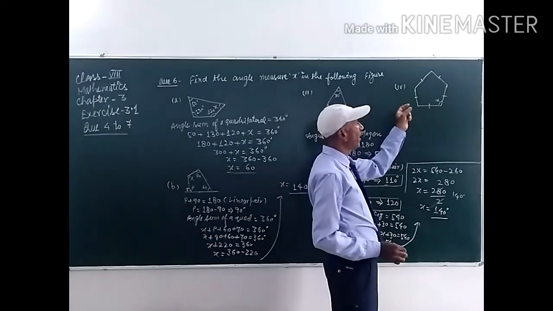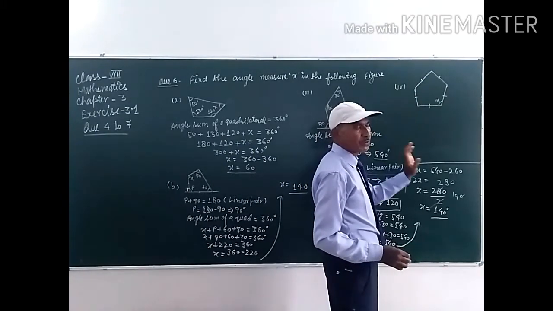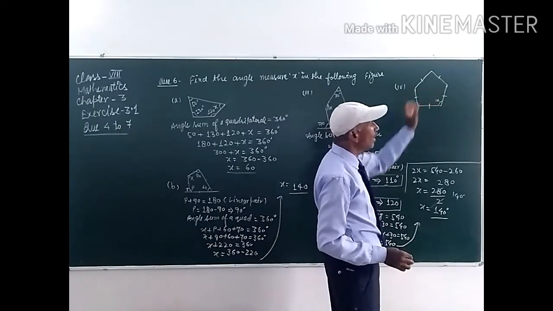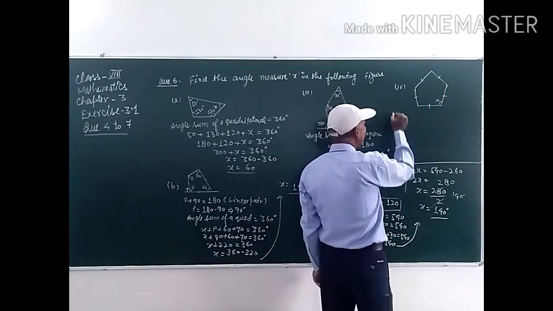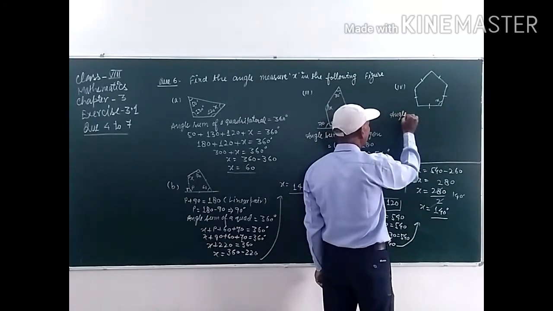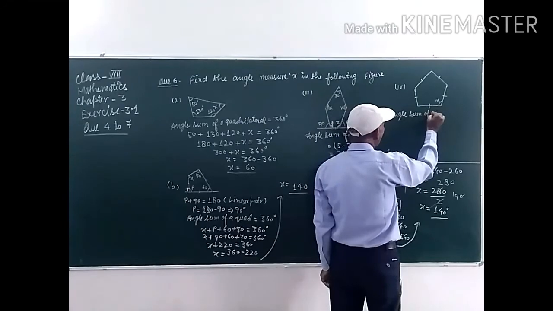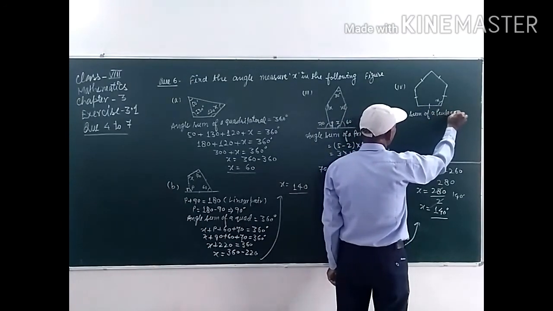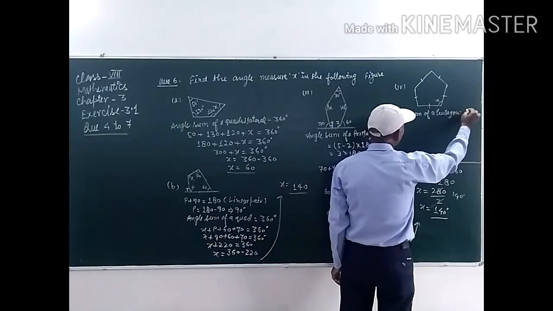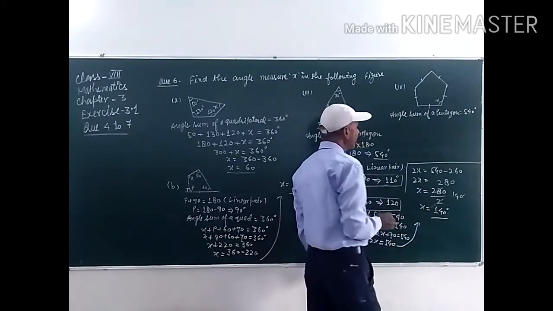Now we have to find the value of x in this figure, students. This figure is a regular pentagon. So the angle sum of a pentagon is equal to 540 degrees.